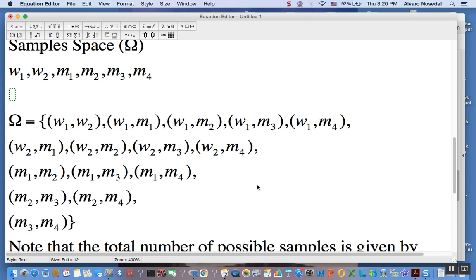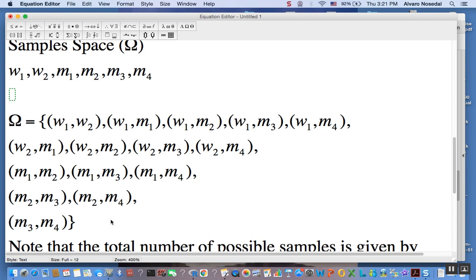So in how many of these possible samples we don't observe a woman included? So we just count, right? If 0 women are included, this would be one case, right? M3 and M4. 1, 2, 3, 4, 5, and 6, right? The others include at least 1 woman. Okay, so we have 6, out of a total of 15.